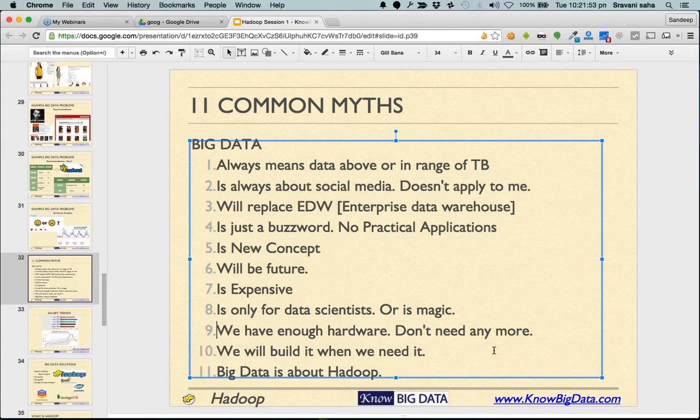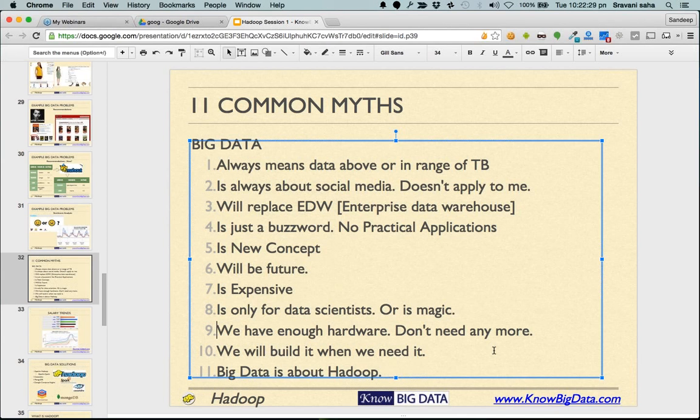Now, the ninth myth is something which I keep hearing all the time, although it is not related to it anymore: we have enough hardware, we don't need any more. Basically, almost every big data solution focuses on building a distributed computing environment rather than buying really high-end servers. So it's neither expensive nor do you have to buy additional hardware. You can start using whatever hardware you have.